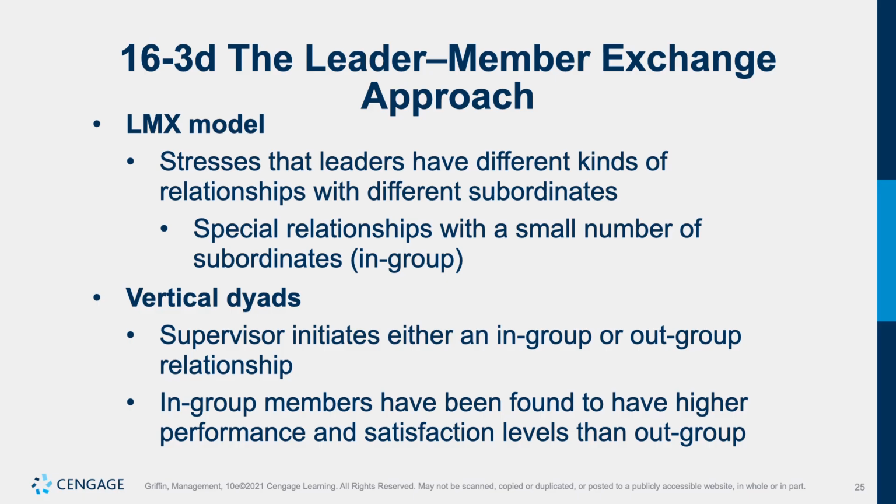So this in-group and out-group leader member relationship is considered a vertical dyadic relationship because you have the manager or leader at the top and there's a reporting line from the subordinates to the leader.